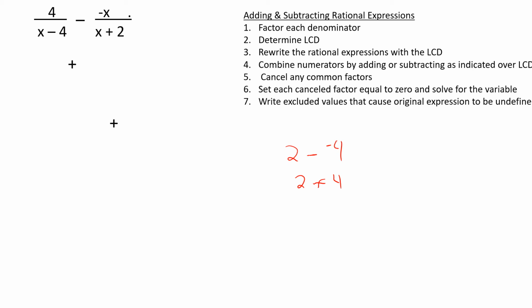Well, here what you have is this fraction minus this negative x over x plus 2. So this can become plus, just like this one became plus. So that's what I'm going to do in this next step. In other words, a negative times a negative is positive. All right, it changed the signs.